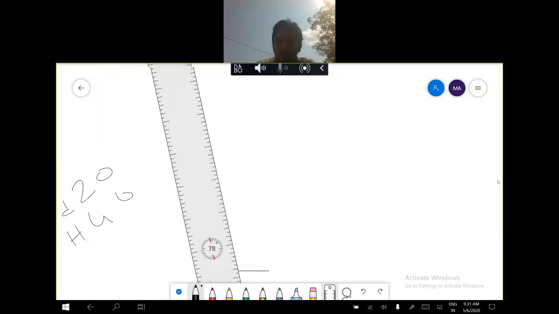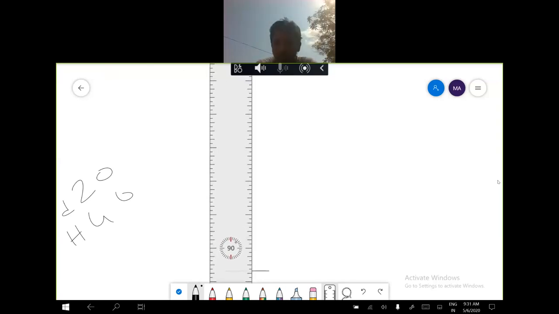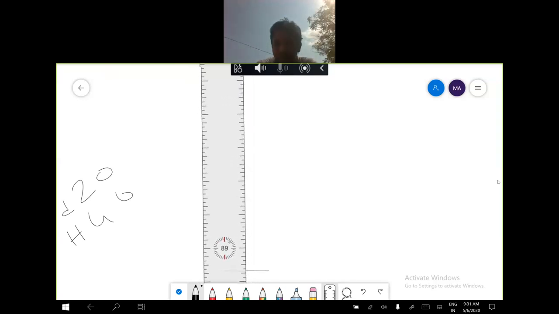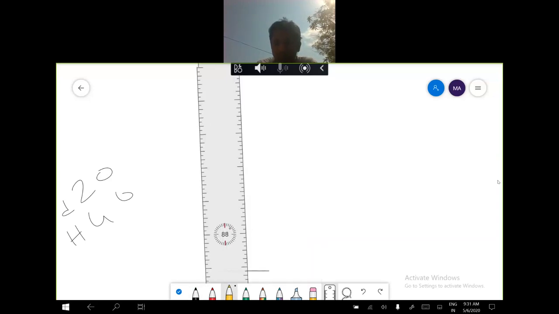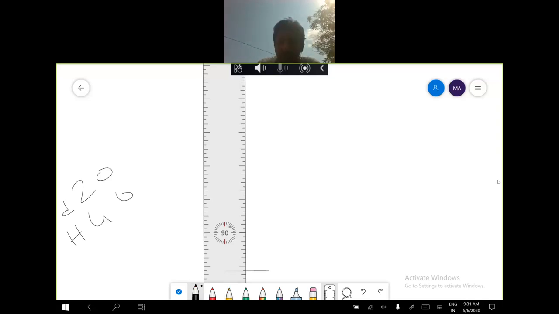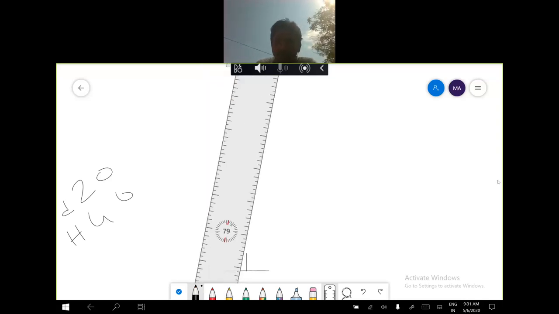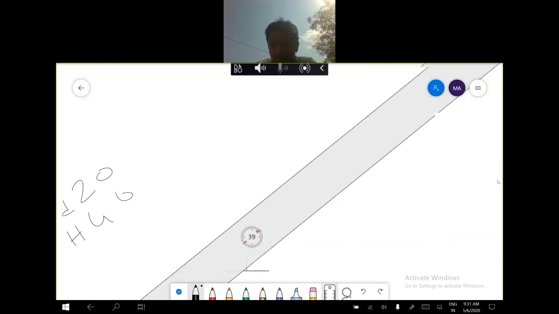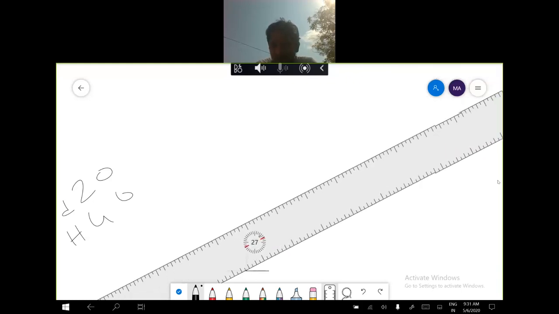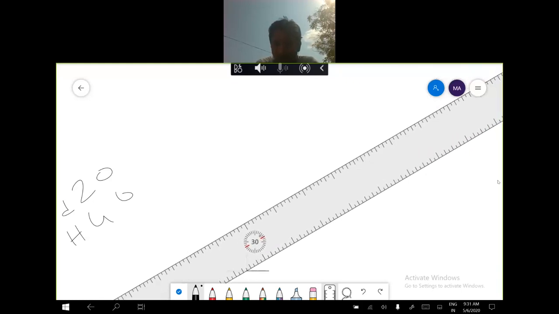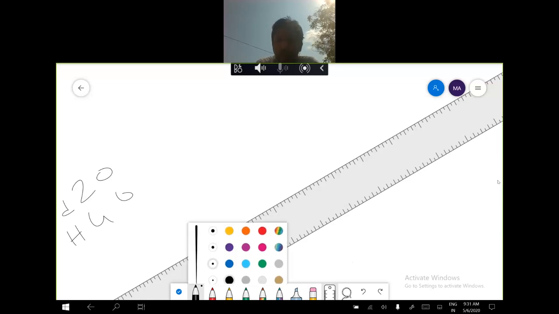Then I am drawing a vertical line here. Then I am measuring 30 degrees here.